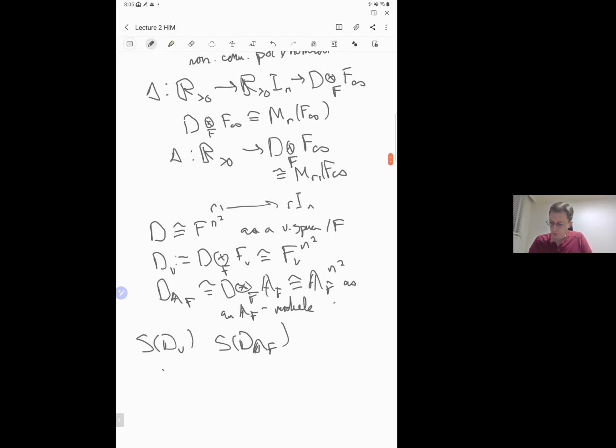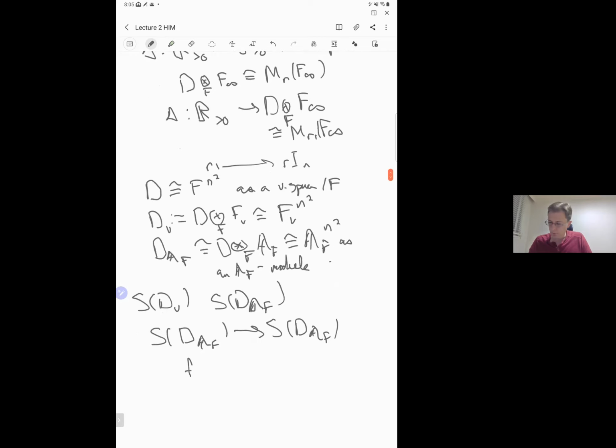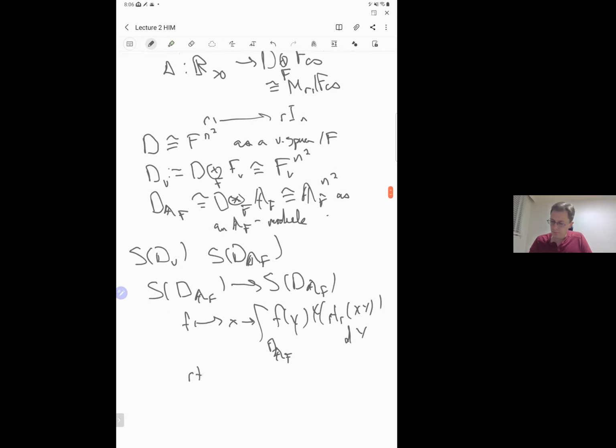I also have Fourier transforms. I'll just write down the adelic one. It sends f to the map x goes to the integral over D_A_F of f(y) psi of reduced trace of xy, dy. And the reduced trace you should think about as just being the trace.